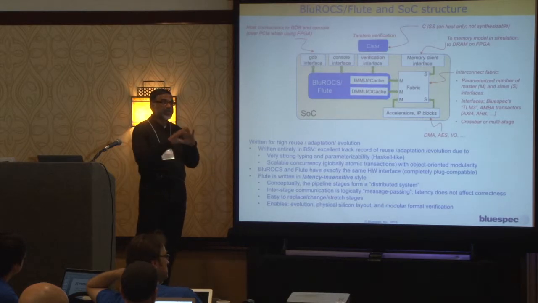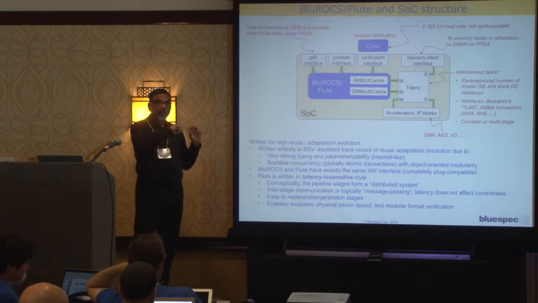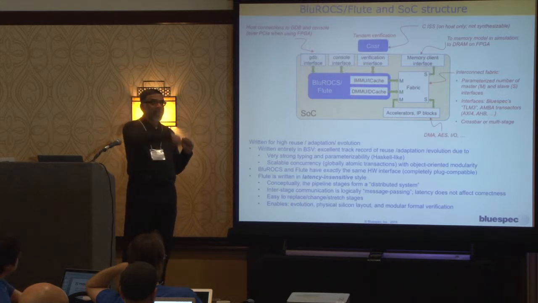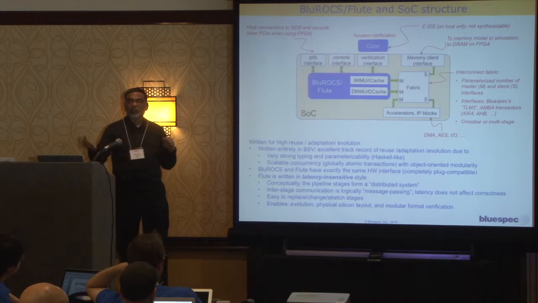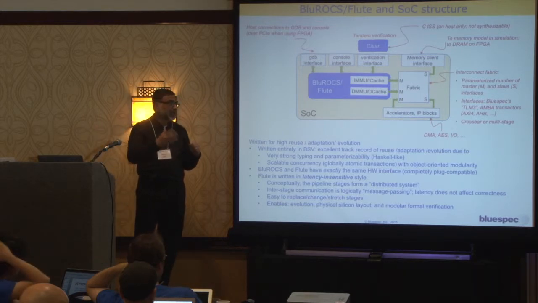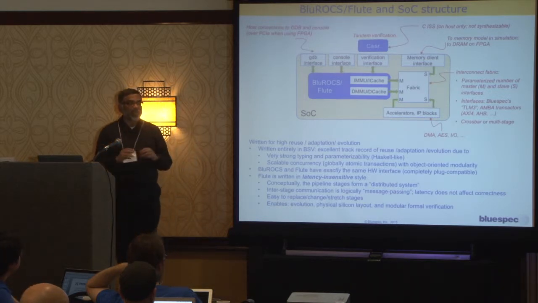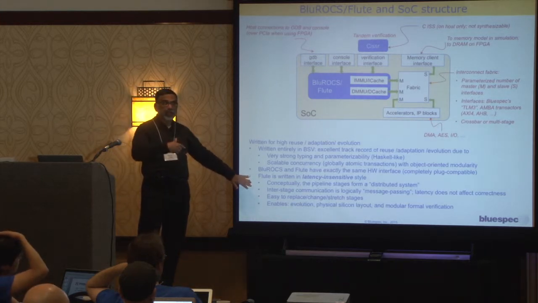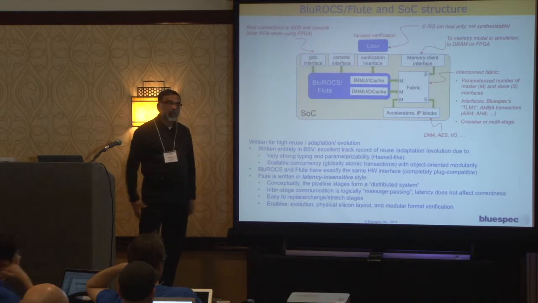All the different stages of the pipelines are considered independent processing agents, and all the connections, the usual forward data flow through the pipeline, and all the backward flows for branch redirection, for register bypassing, and everything like that, are logically treated as message passing, whose correctness does not depend on how long it takes to deliver those messages, or even the order in which they arrive if they're coming in from different sources.